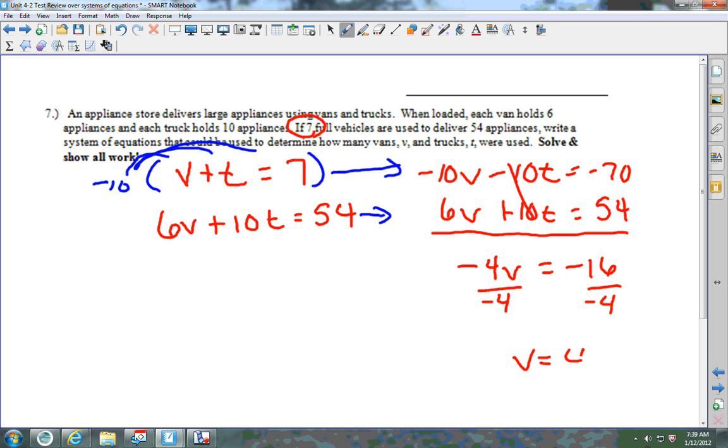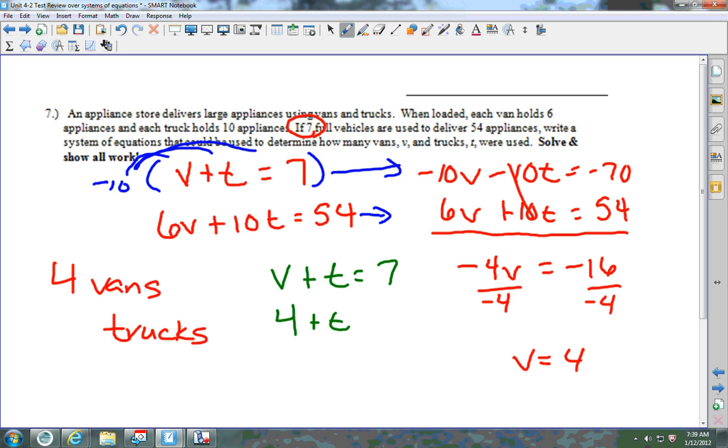V equals 4. So I have 4 vans. Now I need to figure out how many trucks. Well, think about this. If vans plus the trucks equals 7, 4 vans plus how many trucks equals 7? The trucks are 3.